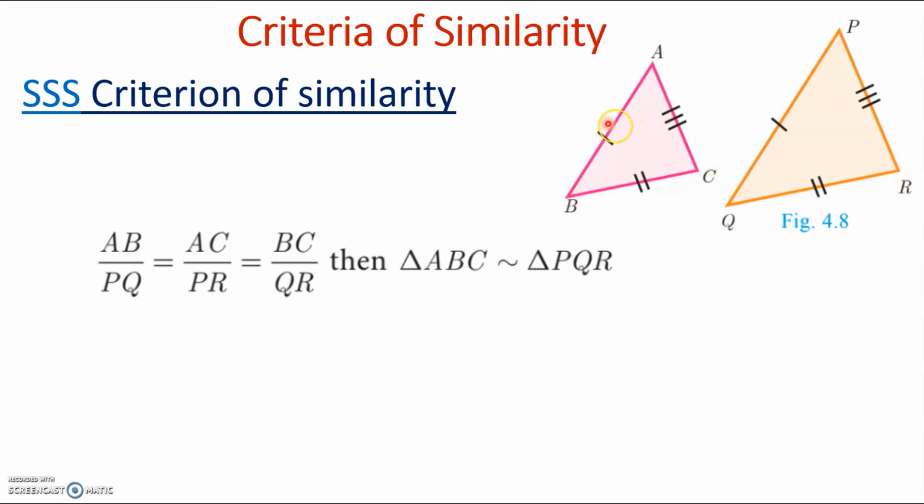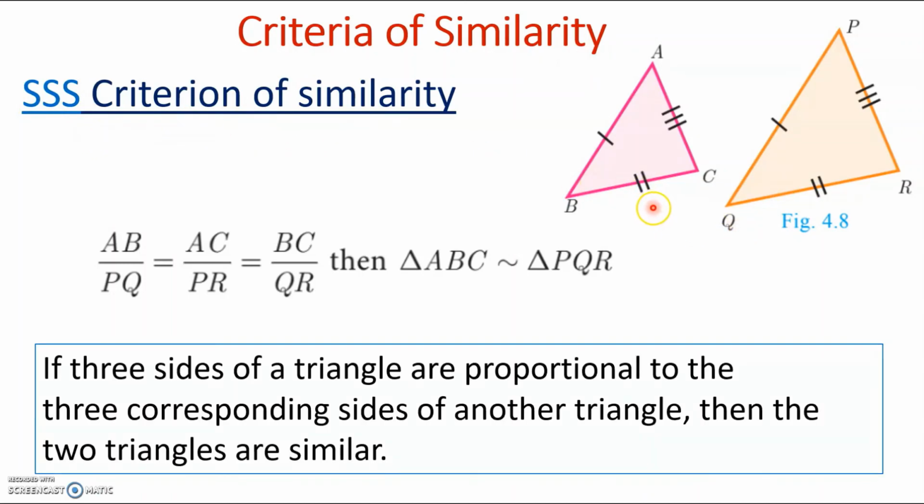So when you have the ratios of the corresponding sides equal, then it's SSS, which is the side criteria, and these two triangles are similar triangles.